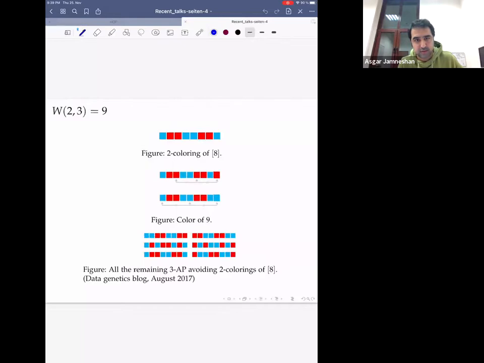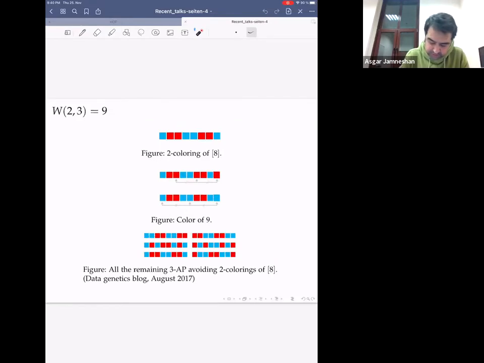So these are the ways you can split, or color, the first 8 numbers into 2 colors, such that in one color you do not have a 3-term arithmetic progression.